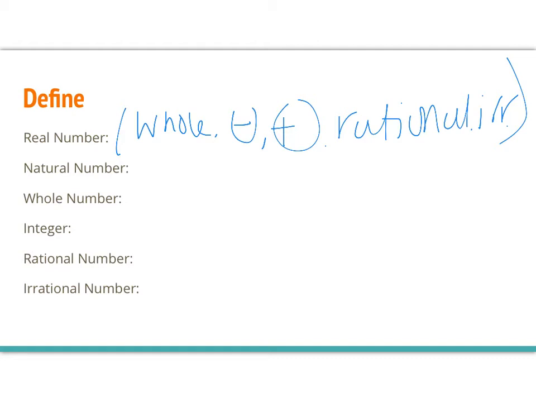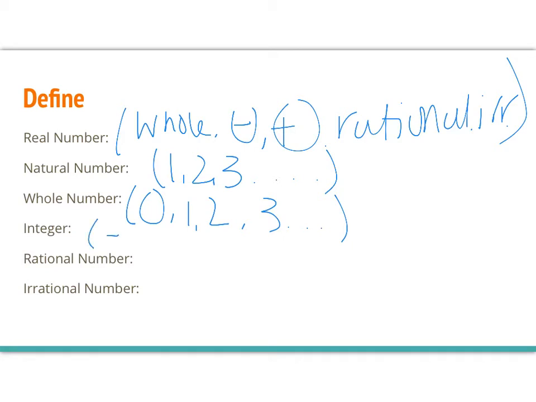A natural number is our positive numbers, so 1, 2, 3, etc. A whole number is all of our naturals plus 0, so 0, 1, 2, 3, onwards and upwards. An integer includes our positive and negative whole numbers and 0, so negative 2, negative 1, 0, positive 1, positive 2, and we can continue on in each direction here.